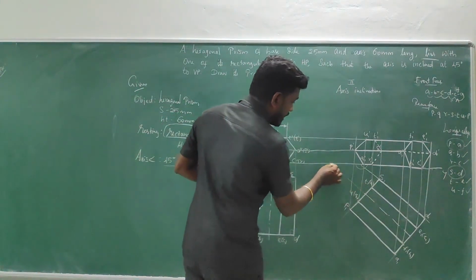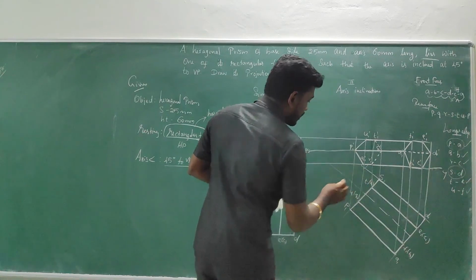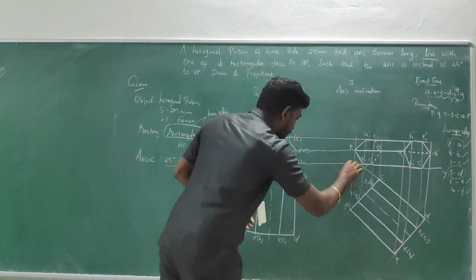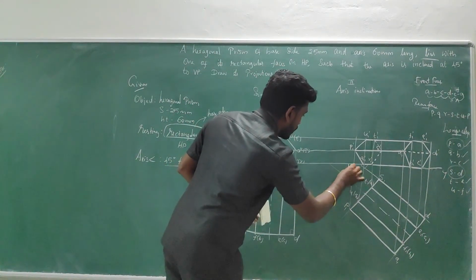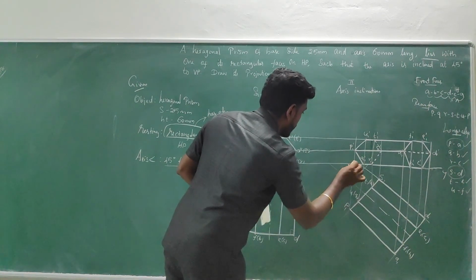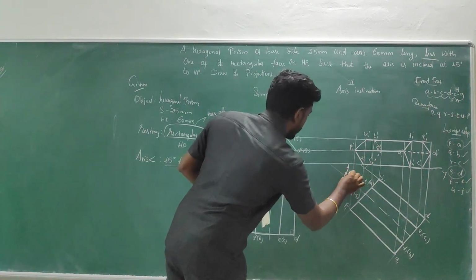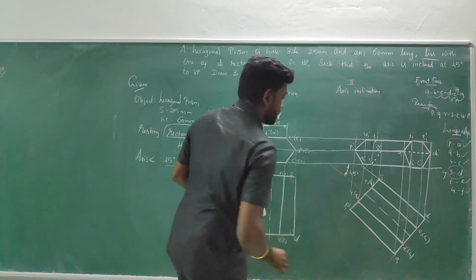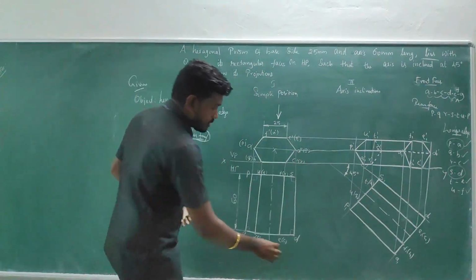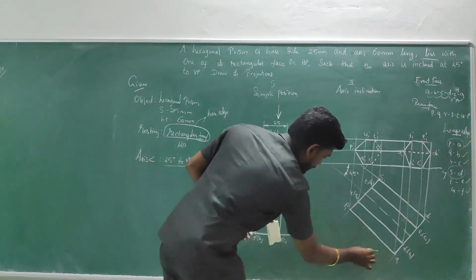In the axis, extend like this with the same inclination, mark with filled arrows, and write 45 degrees.